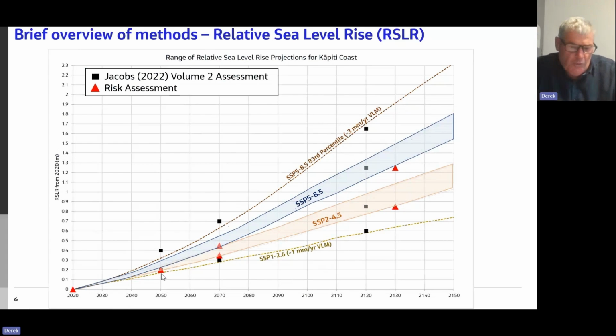So going forward, the work to assess sea level rise is a 0.2 rise by 2050, and that's under both an 8.5 and a 4.5 scenario. Somewhere between 0.35 and 0.45 by 2070. You can see that the difference in the climate change scenarios is now starting to make a difference in the amount of sea level rise.